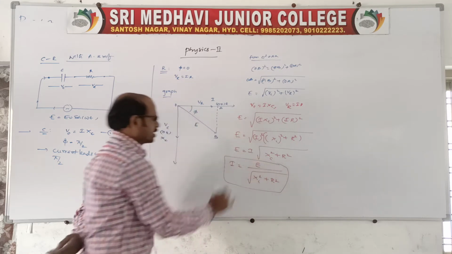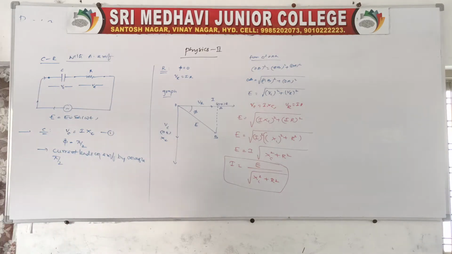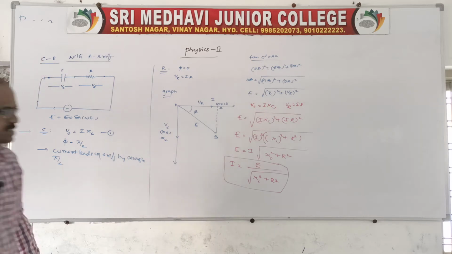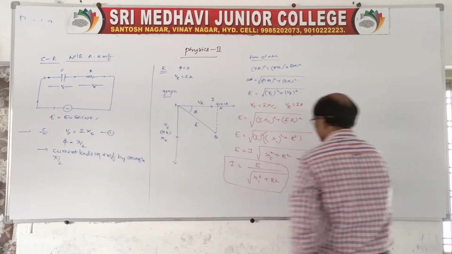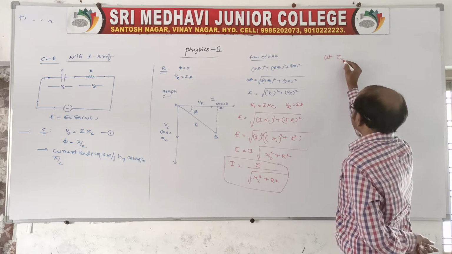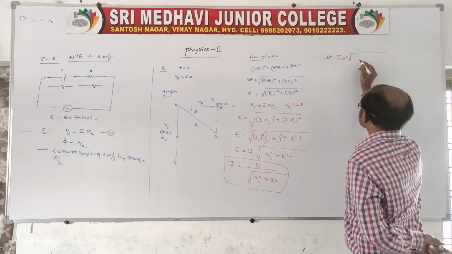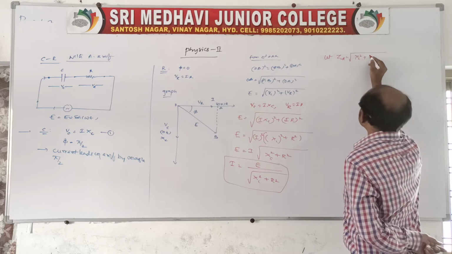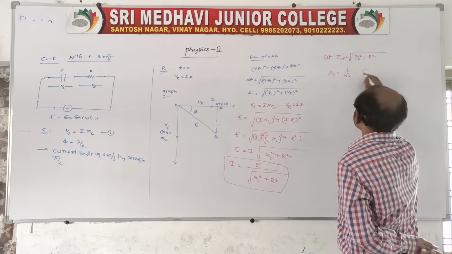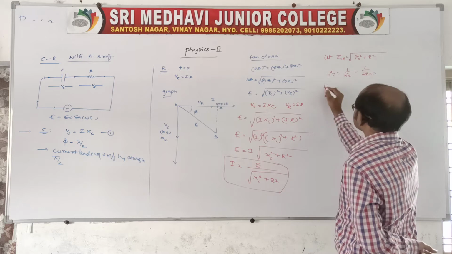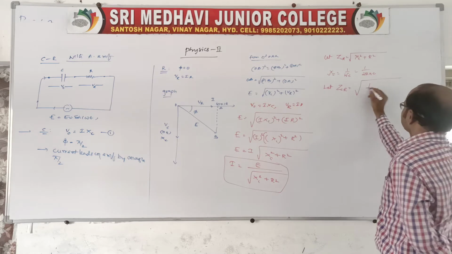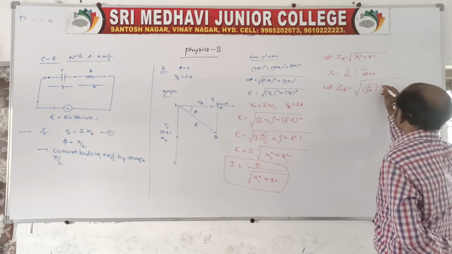This is the current through the series combination of capacitive and resistive circuit. What is root over XC square plus R square? Of course, let ZCR, that is the impedance, be equal to root over XC square plus R square. We know XC is 1 by omega C, or 1 by 2 pi n C. So ZCR is equal to root over (1 by omega C) whole square plus R square.